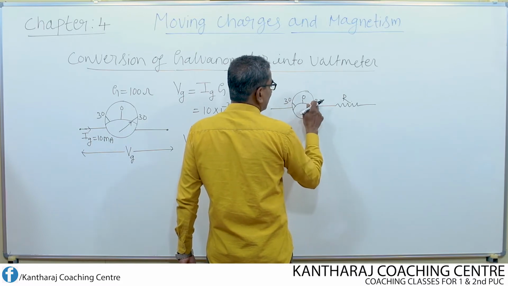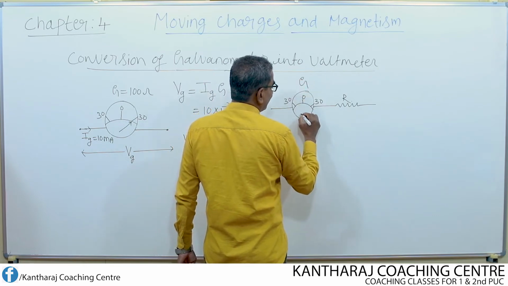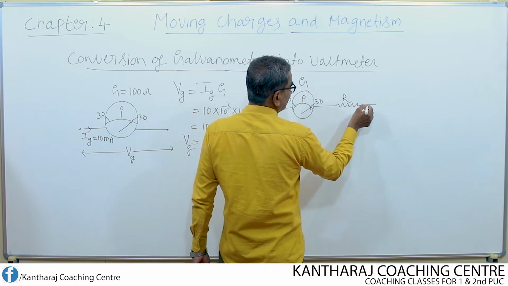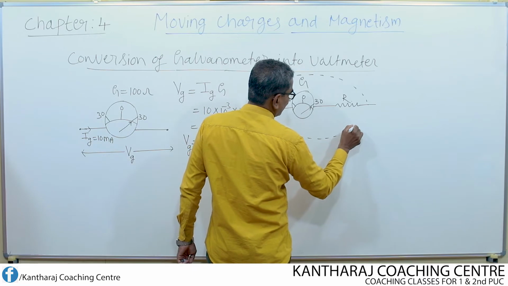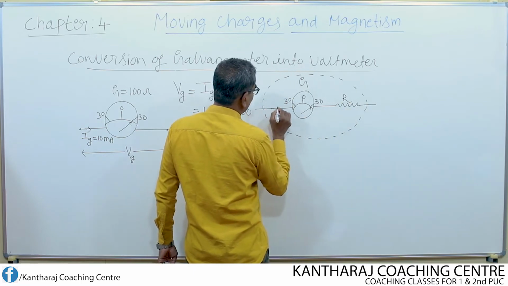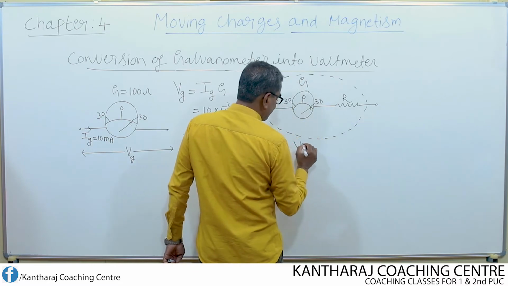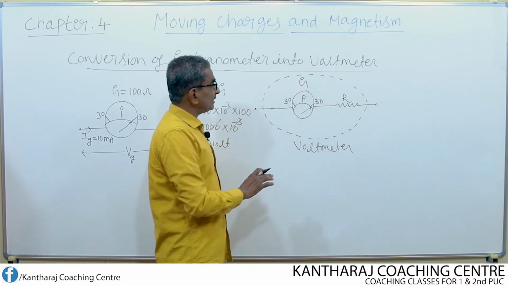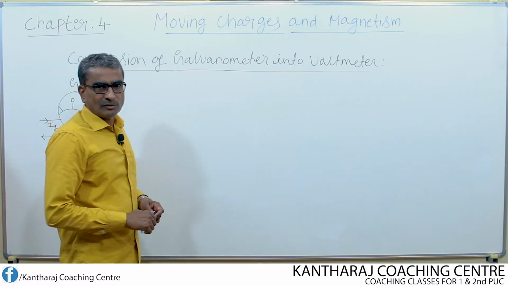So if I connect one high resistance R in series with this galvanometer, then this combination of galvanometer with resistance in series will act like now a voltmeter. Okay, so this acts like a voltmeter. So this is how we convert the galvanometer into voltmeter.